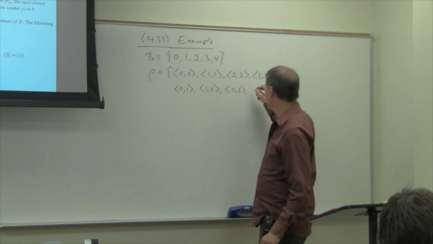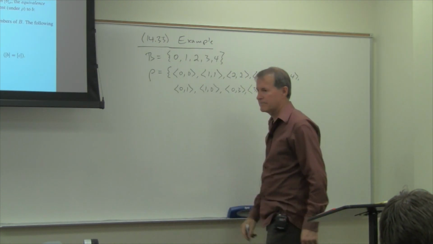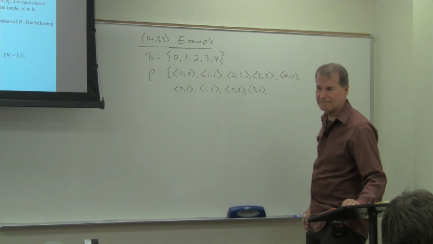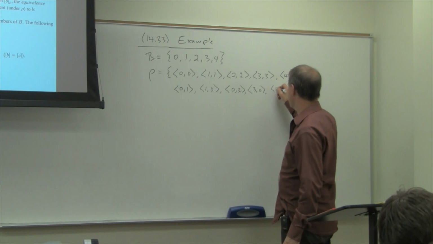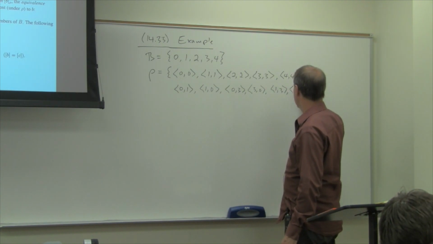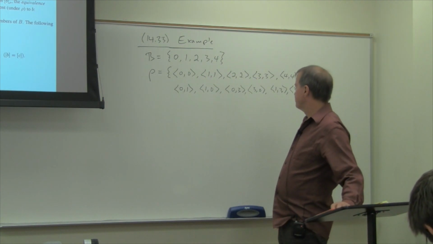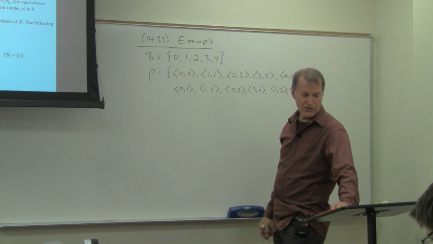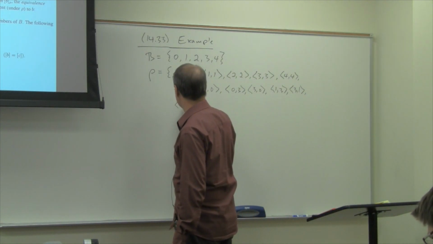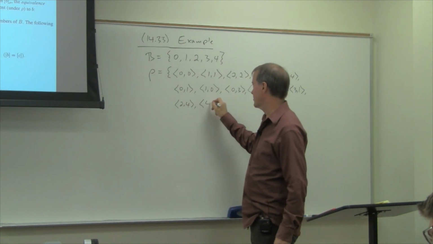A 3,0. And I'm also going to tell you that there is a 1,3 in there. What else has to be in there? A 3,1. And there's going to be a 2,4 in there. Watch it, 4,2. So there's got to be a 4,2.